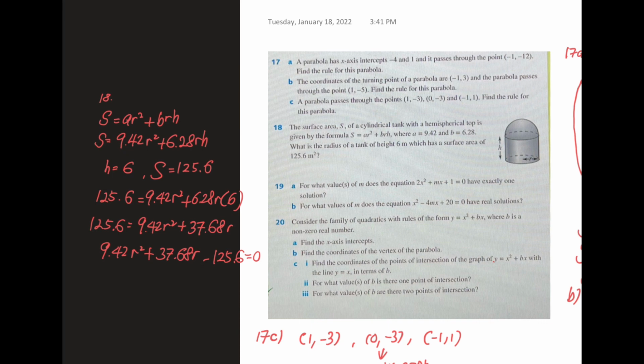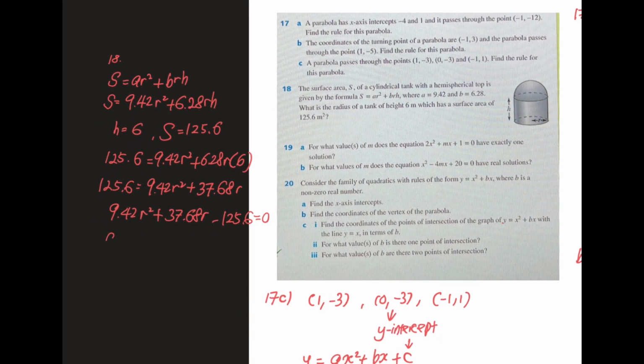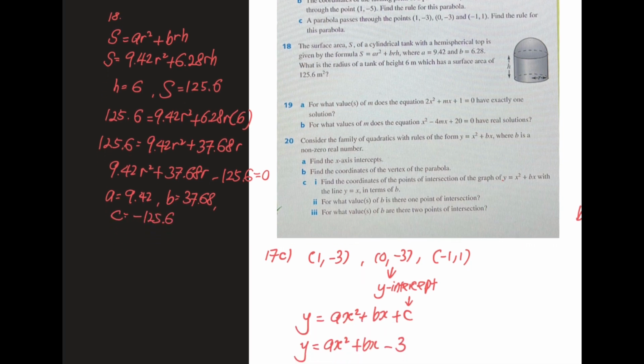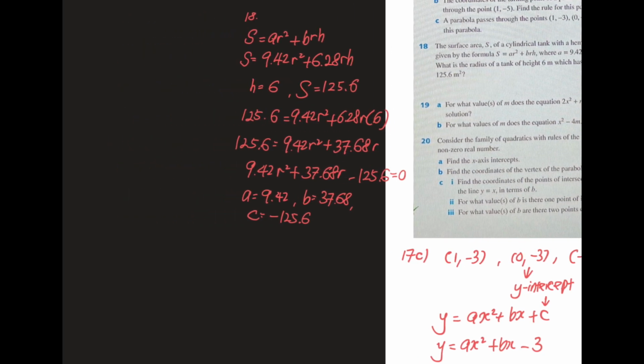Okay. Yeah, so cannot factorize. Okay, so I use Quadratics formula in this way. So our A is 9.42, our B is 37.68, then the C is minus 125.6. So we use R equal to minus B plus minus square root of B square minus 4AC, over 2A.